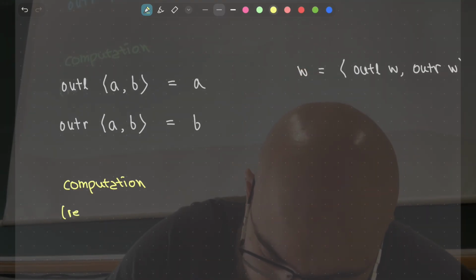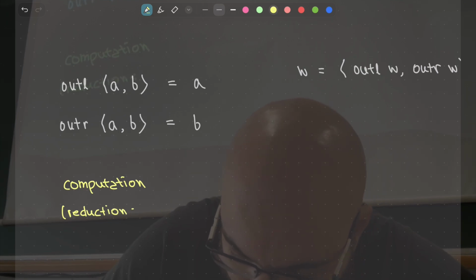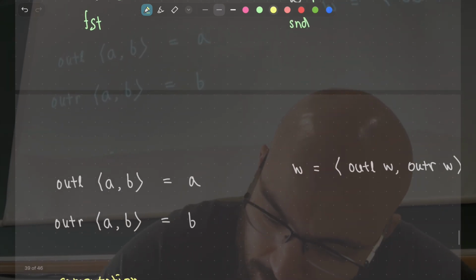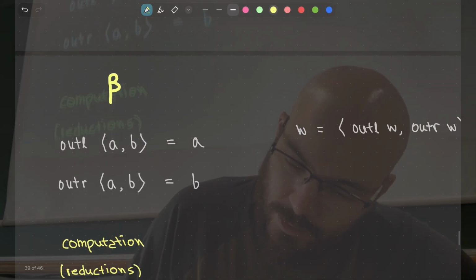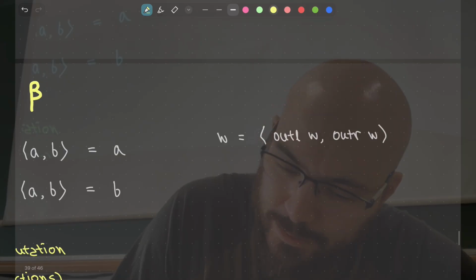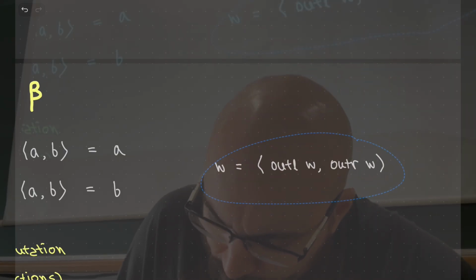But the real name we are going to use for these things is a Greek letter for some reason. Church used this. It's called beta. While this one here, which we only have one, is called eta.